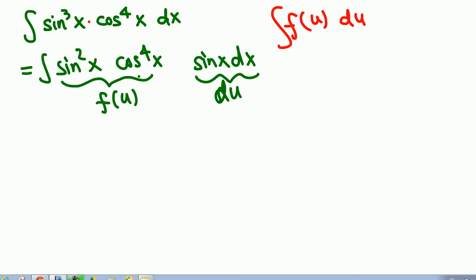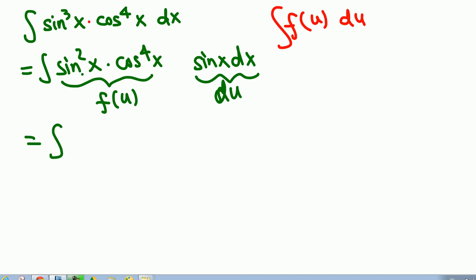Okay, let's see. Cosine fourth, this is already in terms of cosine, so good. Sine square is 1 minus cosine square. So yes, we can rewrite the whole product as a function of cosine, and then the remaining as a derivative of cosine. So let me rewrite one more time.